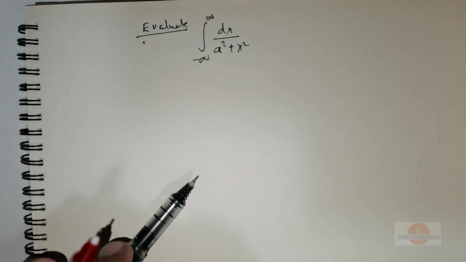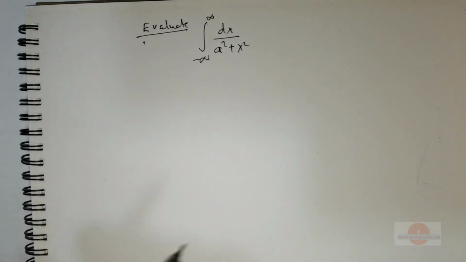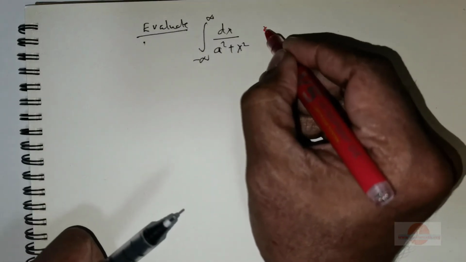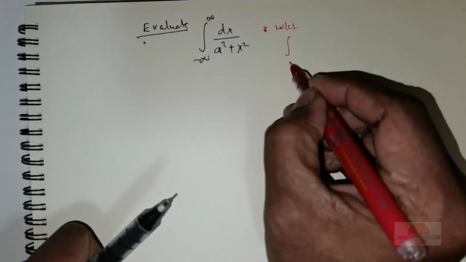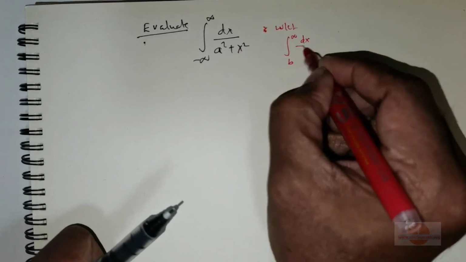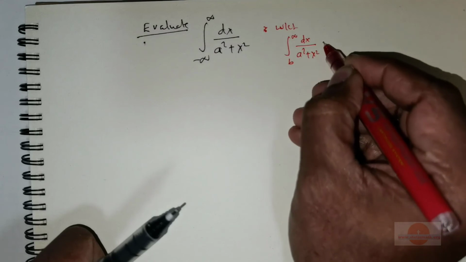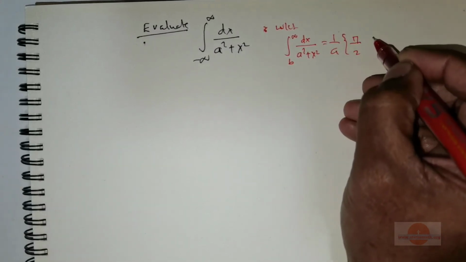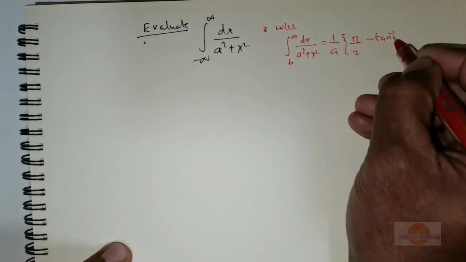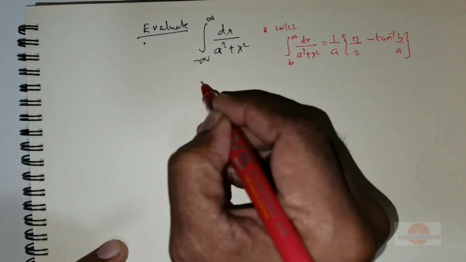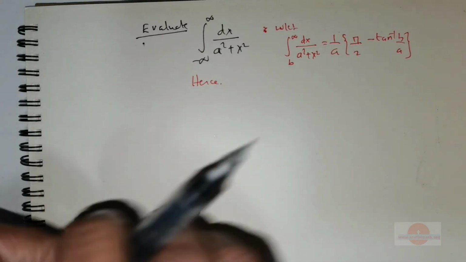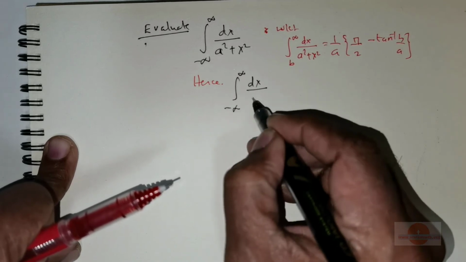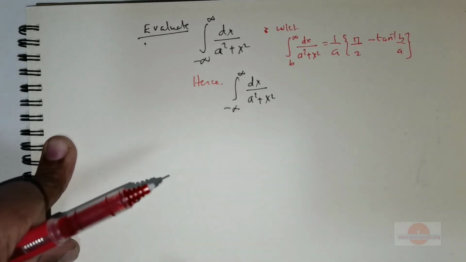So we have here the integral from negative infinity to infinity of dx divided by a squared plus x squared. So what you can do is, since we know that the integral from b to infinity of dx divided by a squared plus x squared is equal to 1 over a of pi over 2 minus tan inverse of b divided by a, hence the question can be rewritten.